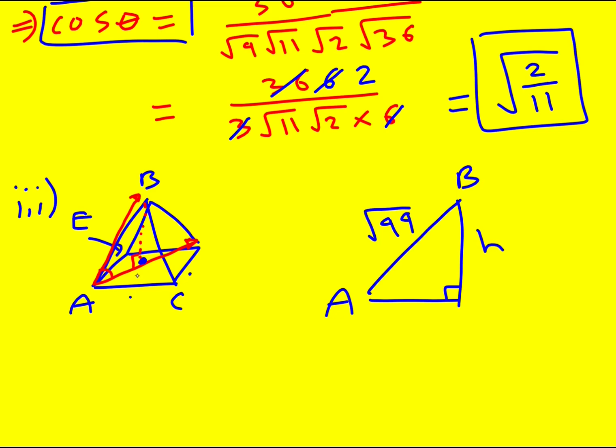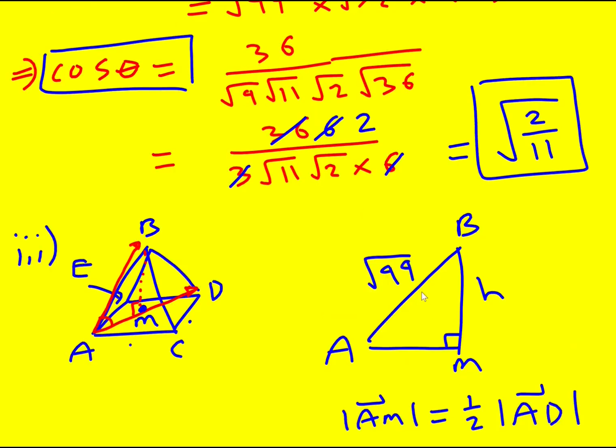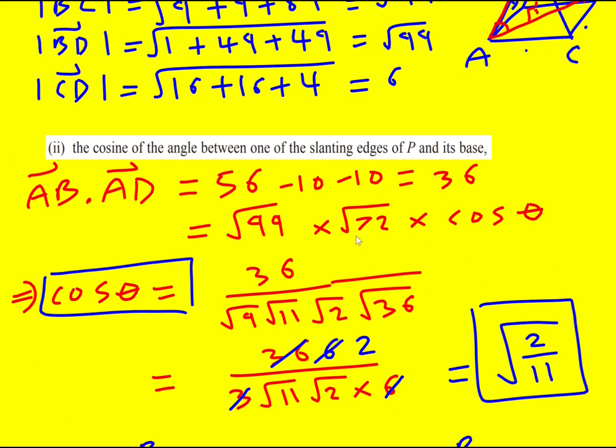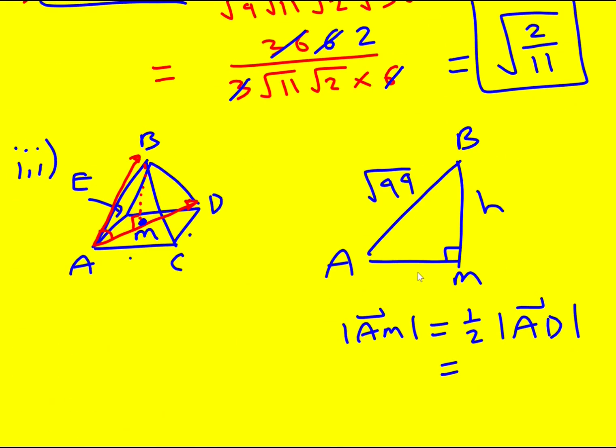I just need to label this something. Maybe I call it M for the midpoint of the base. So AM, the magnitude, is going to be a half of the magnitude of AD, because it's the midpoint. And AD was root 72, which will be root 72 over 4, which will be root 18.